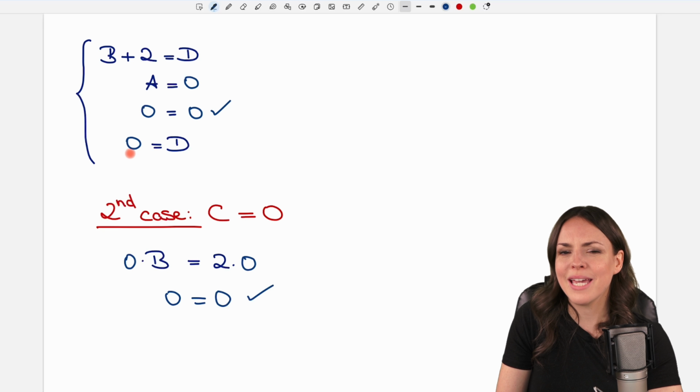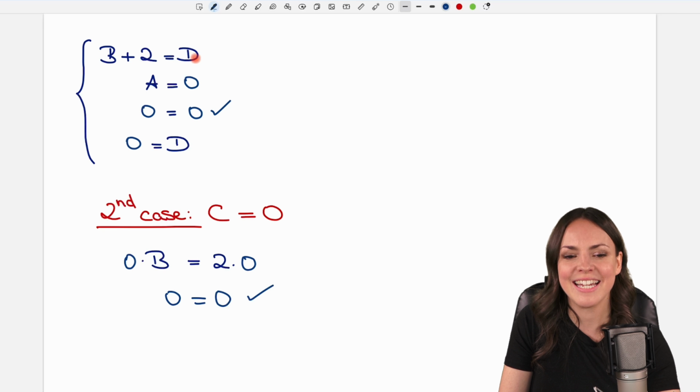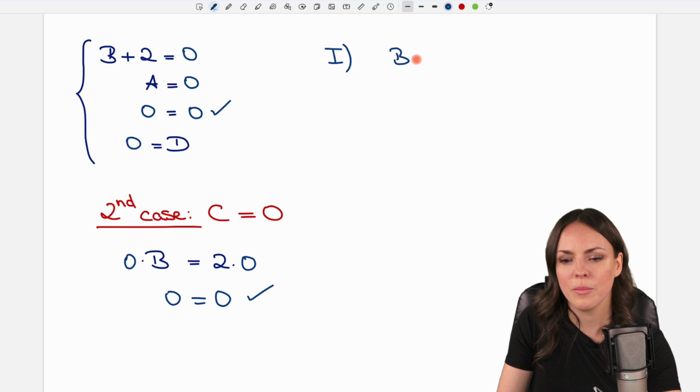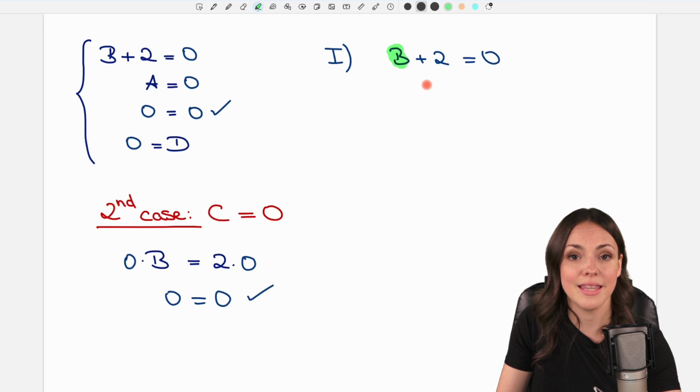Would be an easy pin to remember, wouldn't it? But what about the first equation? If my D is actually equal to 0, so let's take the first equation. I have B plus 2 equals 0. What is my B then?